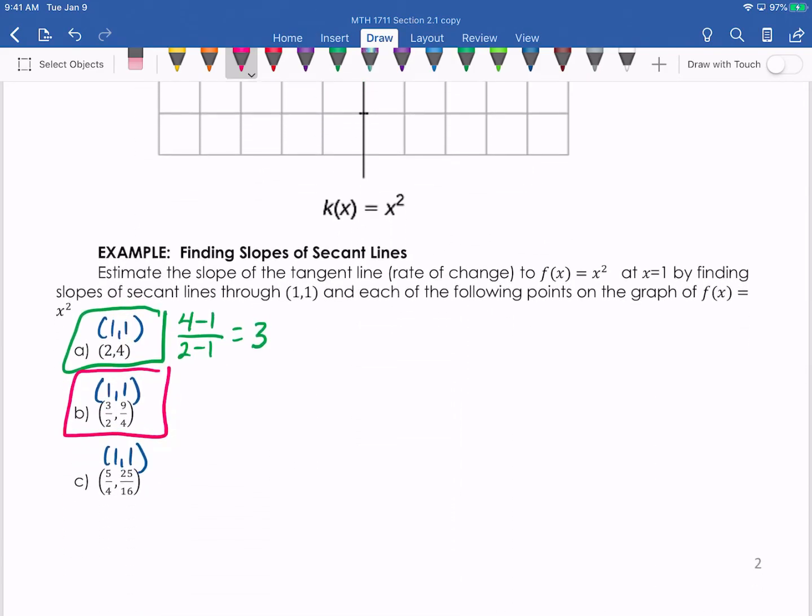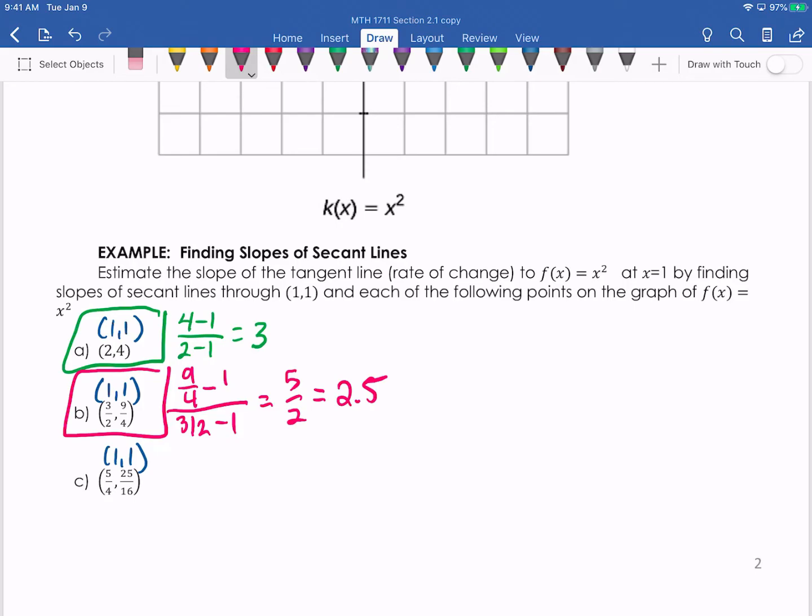So for this one, I'm going to take the change in my y's, which is 9/4 minus 1, over 3/2 minus 1, and that's going to give me 5/2, which is 2.5. So that's going to be the slope of the pink line.